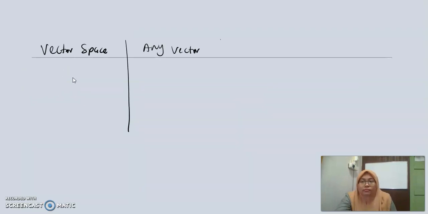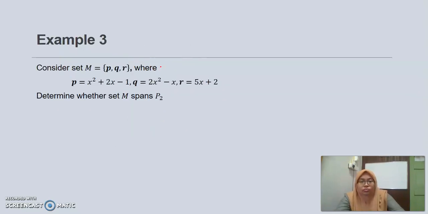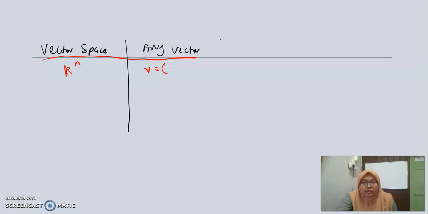So if my vector space is real number space, my vector V should be in the form of any numbers x1, x2 up until xn.